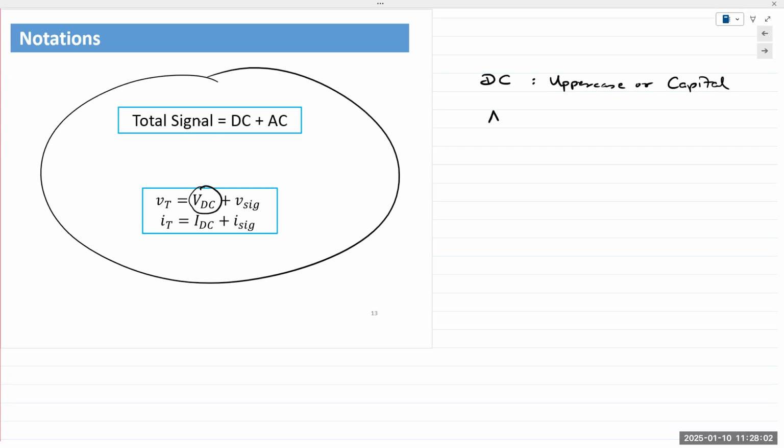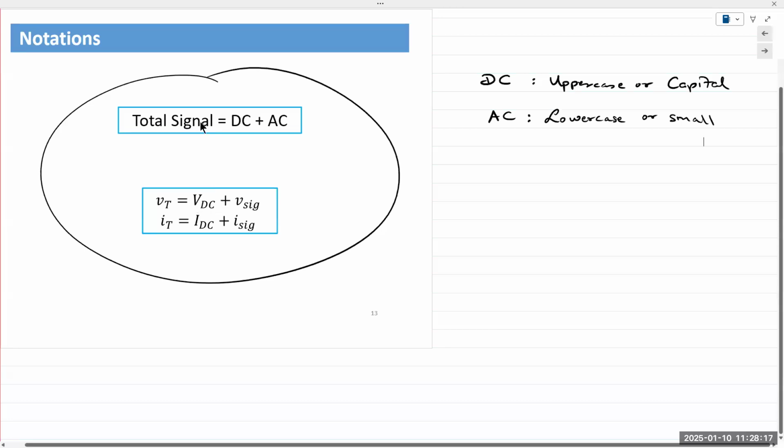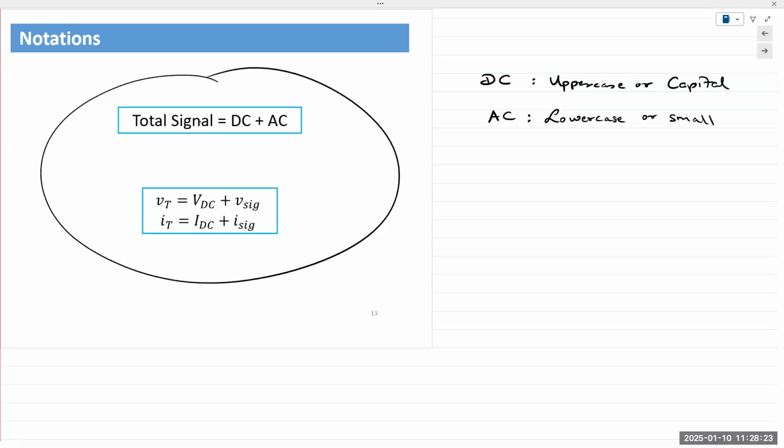And AC is noted with lowercase or small letters. Okay. And so you see that here. The total signal is noted by the subscript of T.